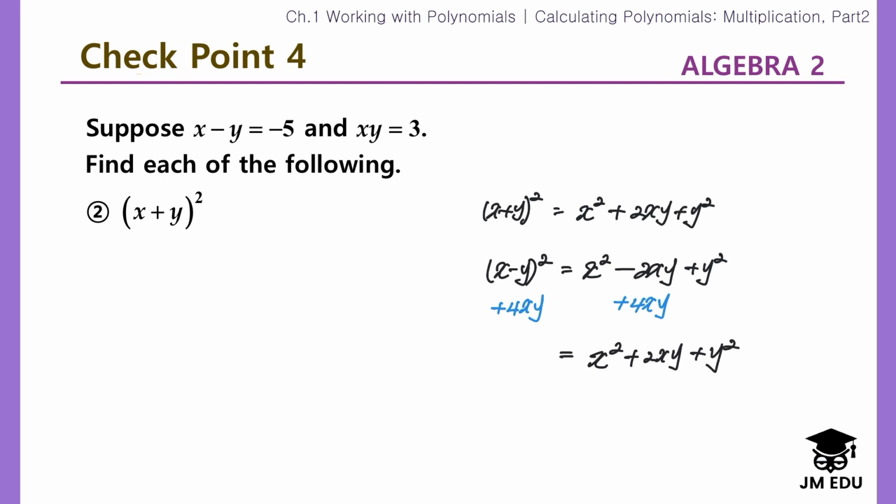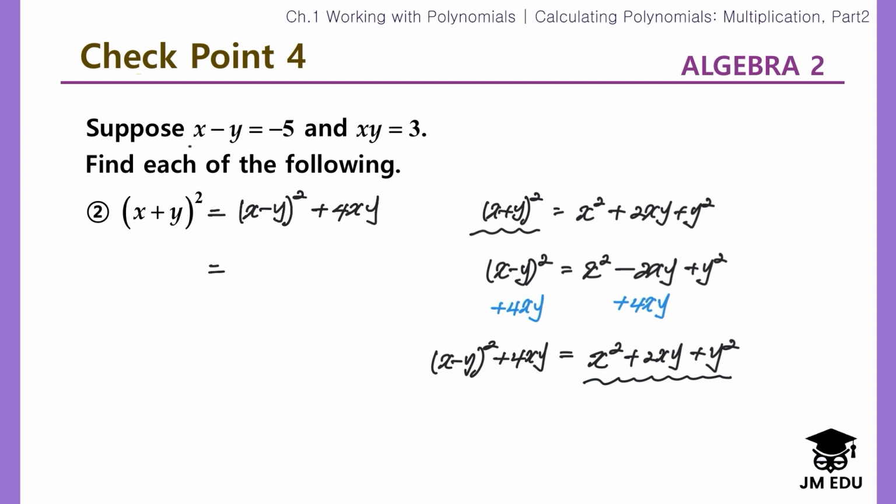And this expression right here is equal to this, right? So x plus y squared can be written as x minus y squared plus 4xy. So that is equal to minus 5 squared plus 4 times xy. That's 3. So 25 plus 12, that's going to be 37.